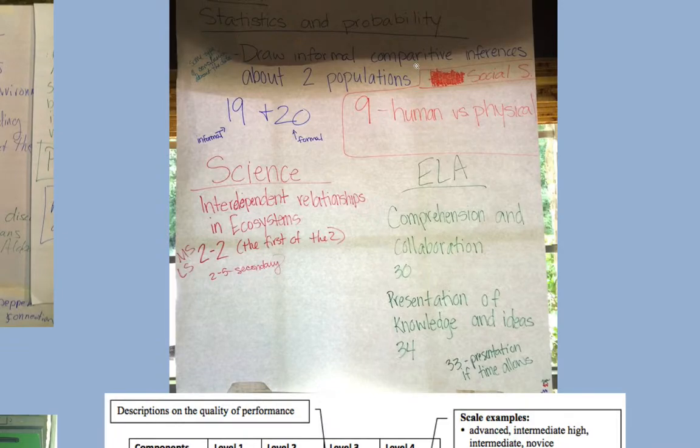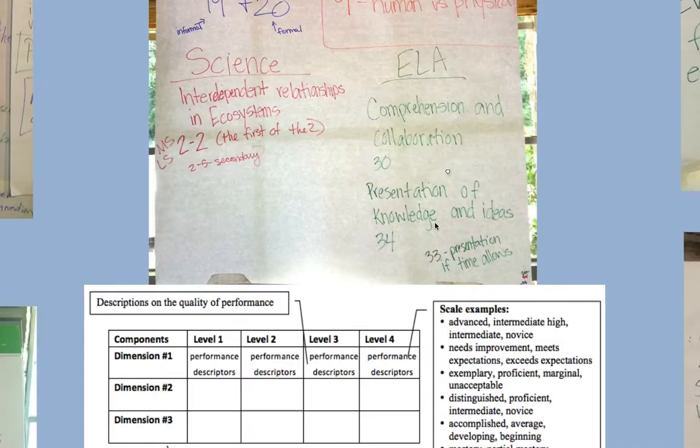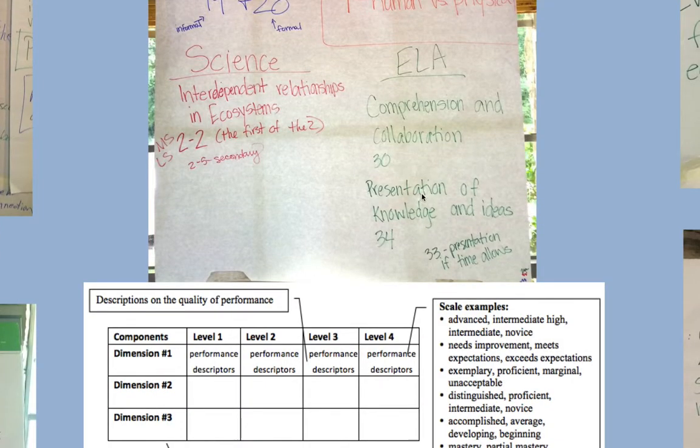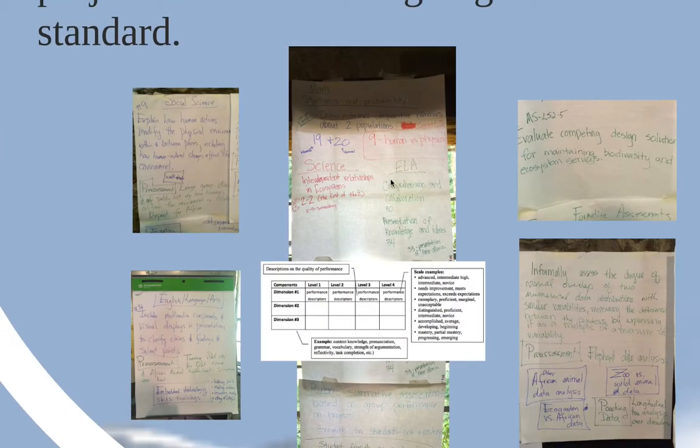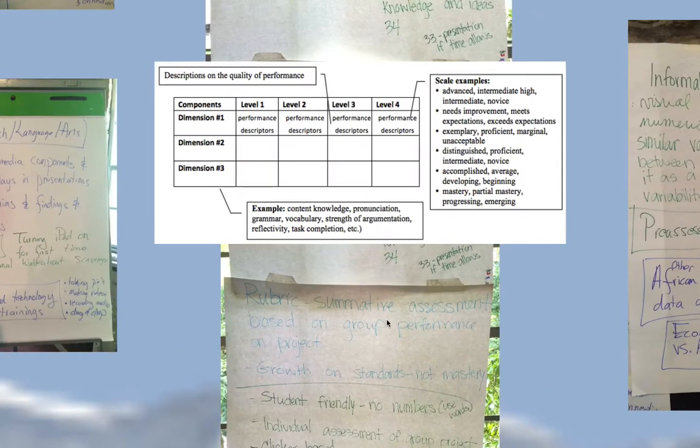At that point, there would have been 7 standards, and for their presentation, we would have had a level 1, 2, 3, 4 for each standard. And then we discussed that rubric a little bit more.